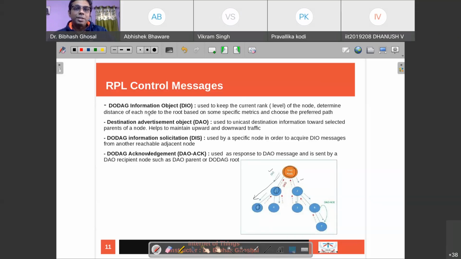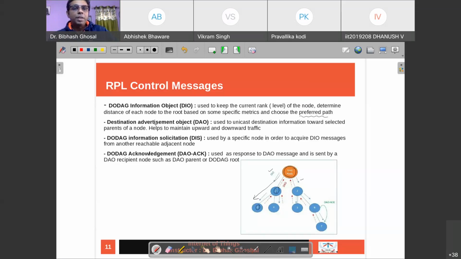It decides the distance of each node to the root based on some metrics. It can be distance, it can be some other performance parameter, and you choose the preferred path. That will decide the path. Okay, this is the path that I take. So henceforth, if I'm going to send my data, I will be sending to this parent, which will decide its own parent in this way up to the root. So the path gets established.